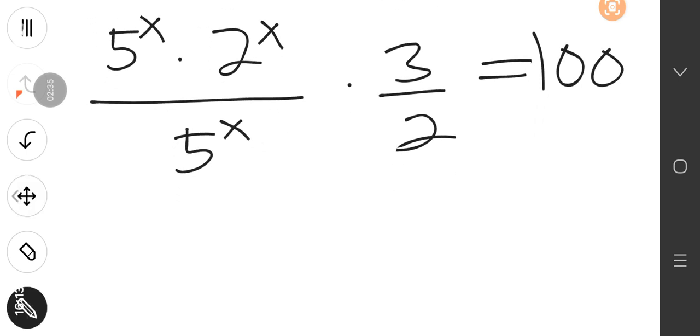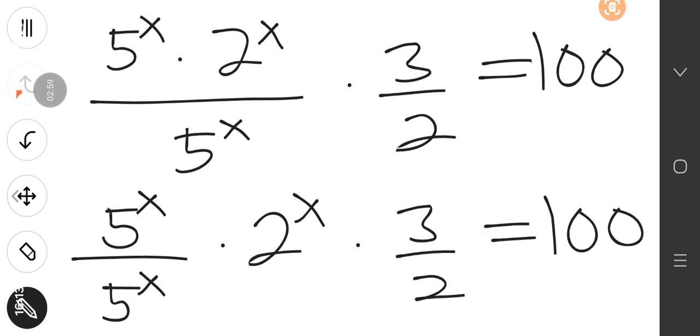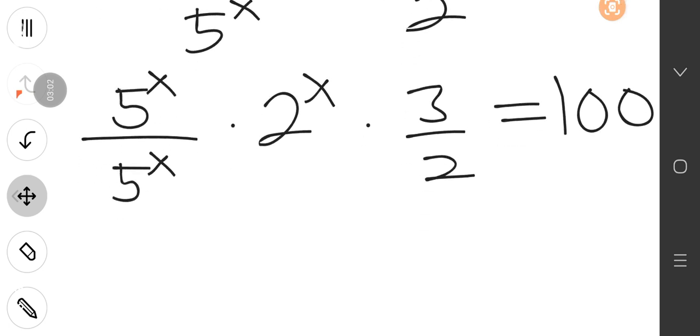Now, let's reorganize our equation. We can organize the left part as 5 exponent x over 5 exponent x, times 2 exponent x times 3 over 2 equals 100. Now, we know that anything over itself is 1.